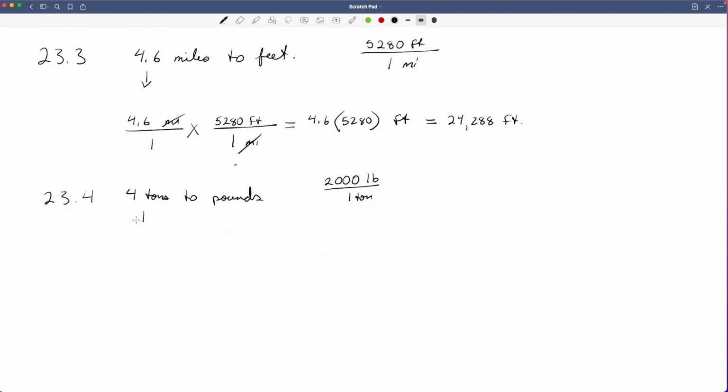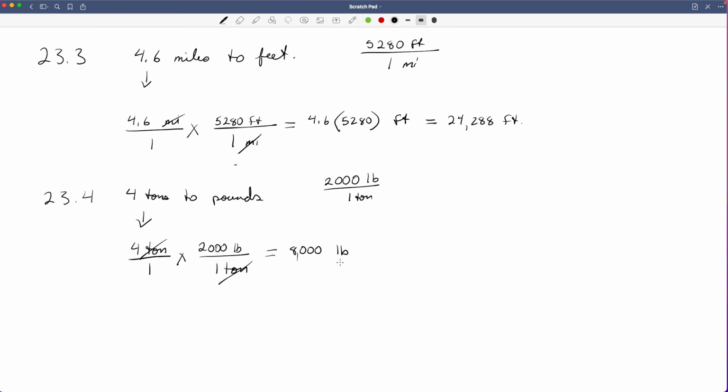So we're going to write that as a fraction, 4 ton over 1. And now I'm going to write my unit of reference, 2,000 pounds over 1 ton. The ton cancels, and I'm left with 4 times 2,000 pounds. We can do that in our head. That is 8,000 pounds.